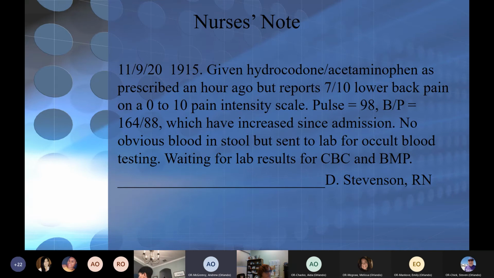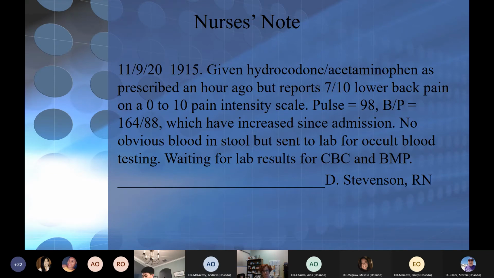Given hydrocodone acetaminophen as prescribed an hour ago, but reports 7 out of 10 lower back pain on a 0 to 10 pain intensity scale. Pulse is 98, blood pressure 164/88, which have increased since admission. No obvious blood in the stool, but sent to lab for occult blood testing. Waiting for lab results for CBC and BMP. Okay. All right. So this is the nurse's notes that I wrote.